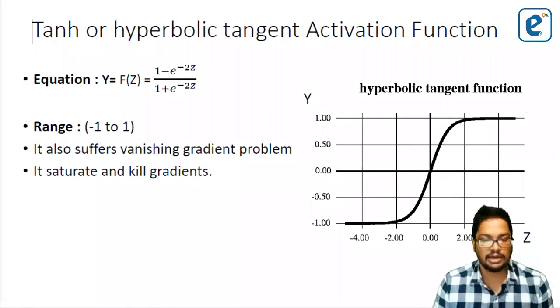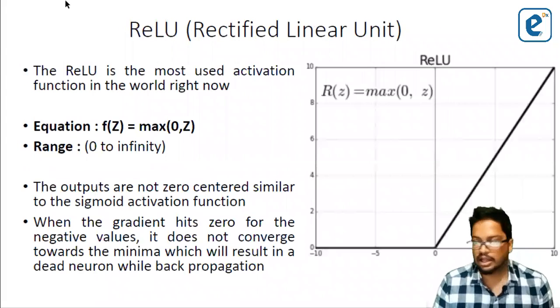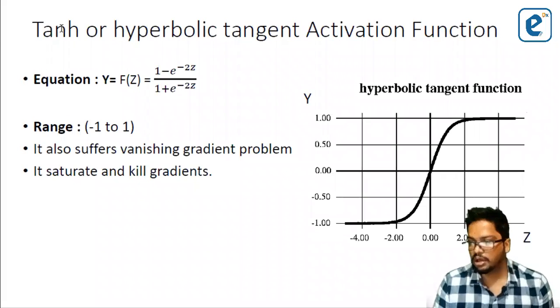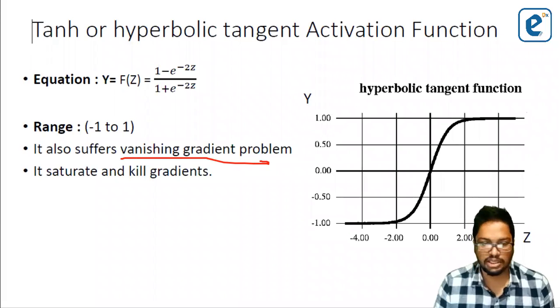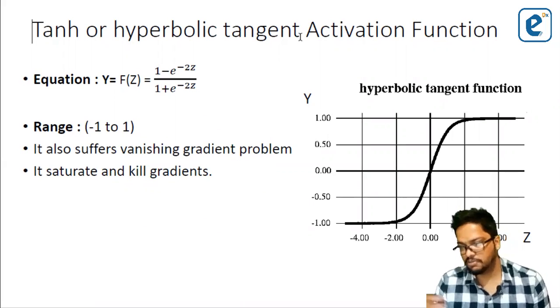The sigmoid and tanh suffer from something called the vanishing gradient problem. I will explain what the vanishing gradient problem is in the coming weeks, but not today. So keep that in mind.